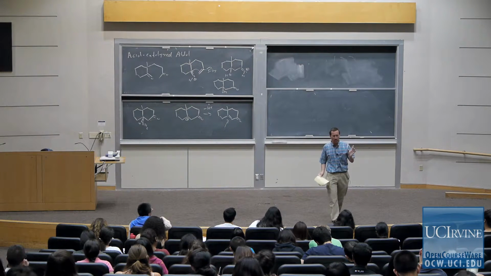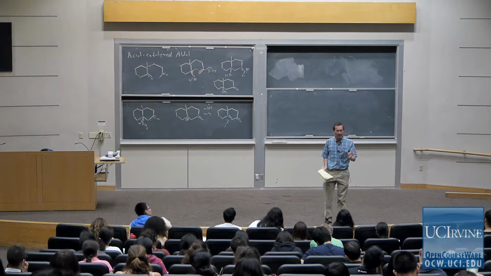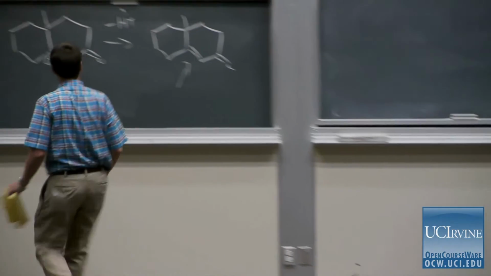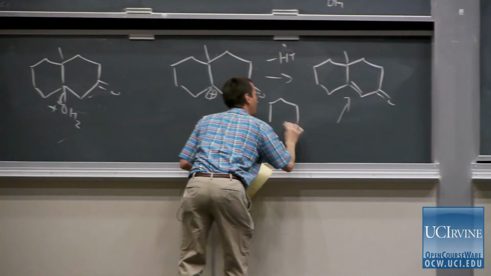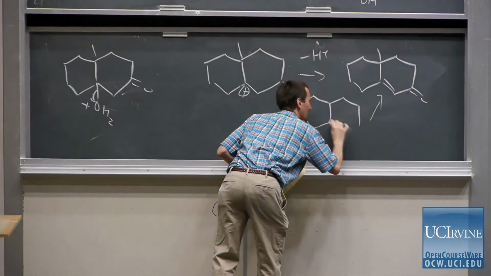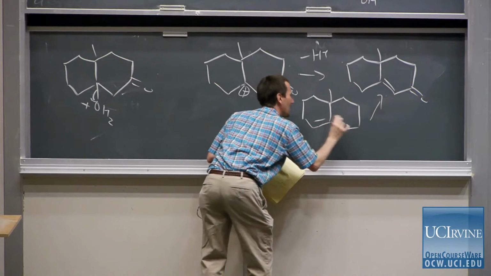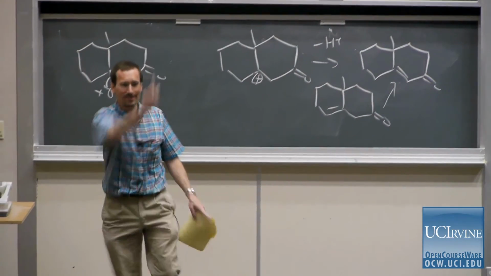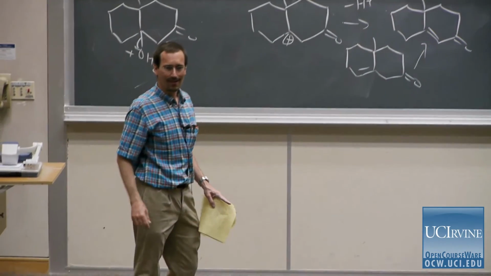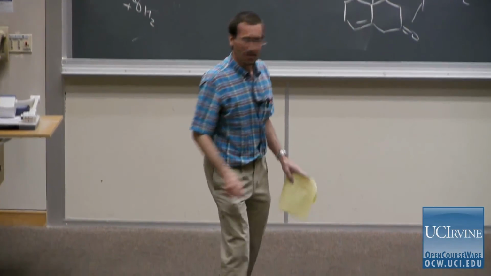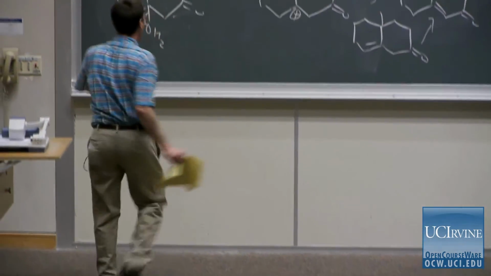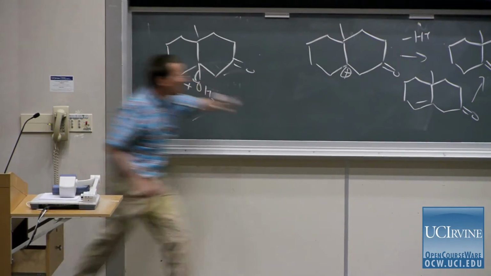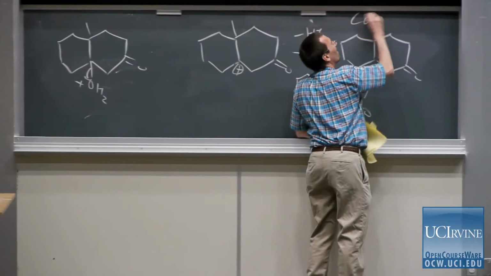Why in this reaction does the double bond go here and not, let's say, over here? Someone needs to answer that question. They're both unsaturated, so in one case, you imagine dehydrating. Conjugated, yes!